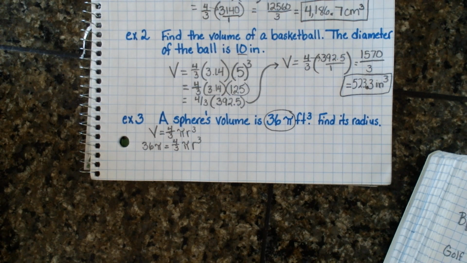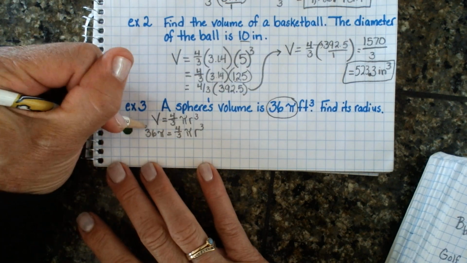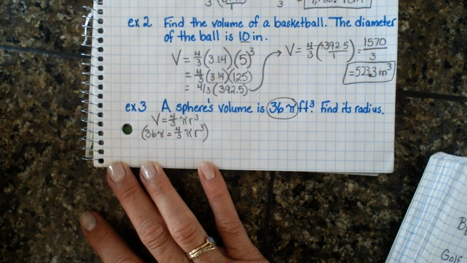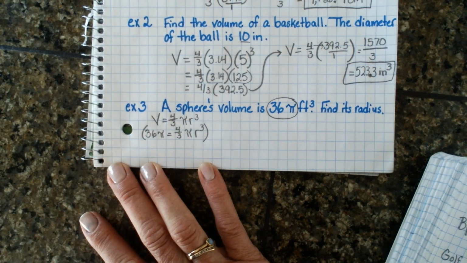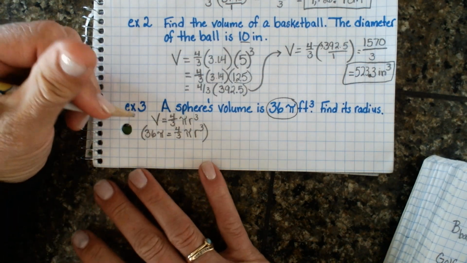First thing I'm going to do in this problem is a form of fraction busters, when we try to eliminate fractions from our equations. So I'm going to multiply by the common denominator, and because we only have one fraction whose denominator is 3, the common denominator is 3.